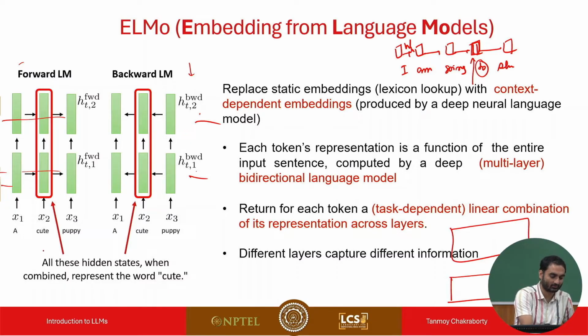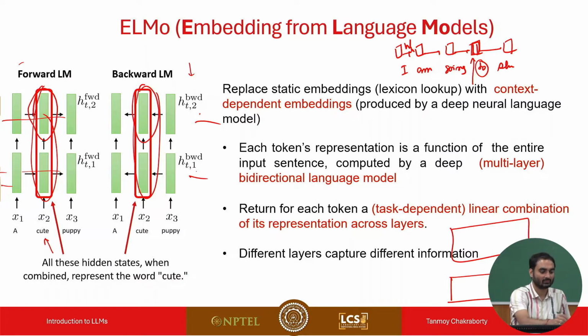The final hidden state corresponding to the word cute can be either the concatenation of this and this, or it can be, let's say, only the top layers, this plus this. Plus means concatenation, right? There can be multiple ways of combining these.